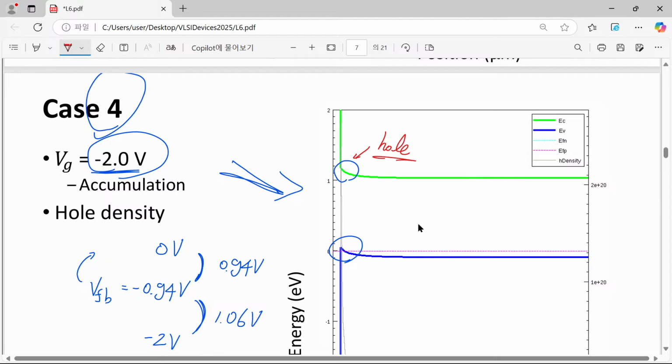Why am I emphasizing this seemingly obvious argument? This is quite important to understand the behavior of your MOS system. The behavior of your MOS system with respect to additional voltage really depends on the current status of your system.